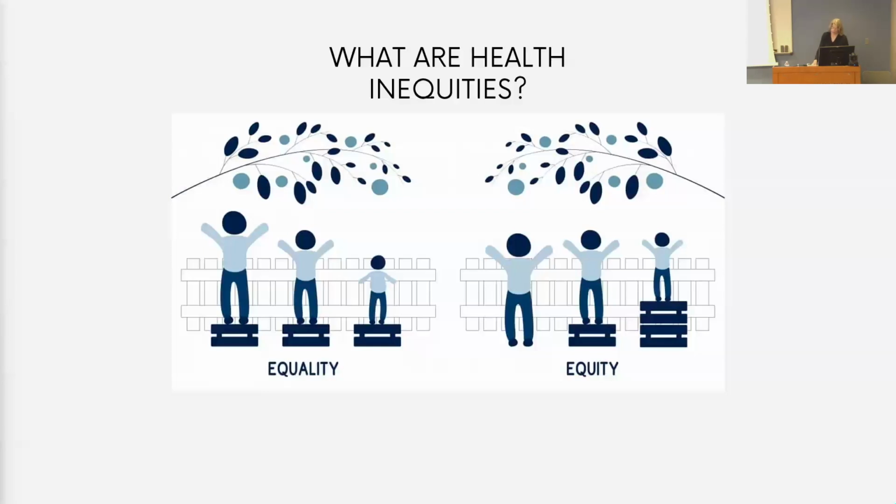Inequalities are differences, but inequities are differences in health status or in the distribution of resources that are needed for health between different population groups that arise from the social conditions in which people are born, they grow up, they live, they work, they age. And it's a term that is used explicitly to define unfair differences, not just differences, where there's an issue of social injustice. And that's something that has defined a lot of the work at ISR in this area.